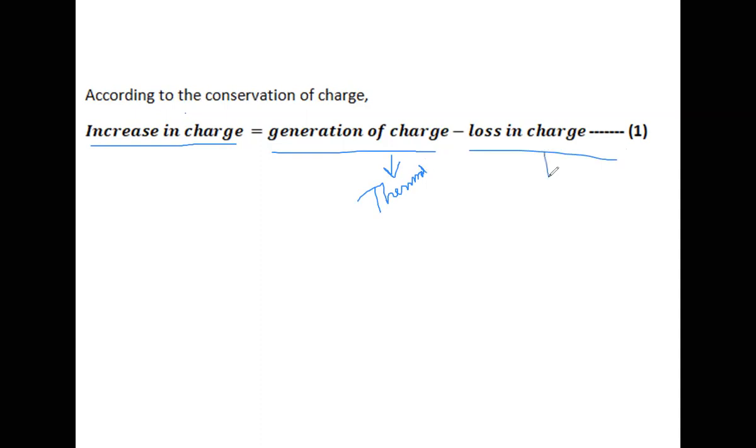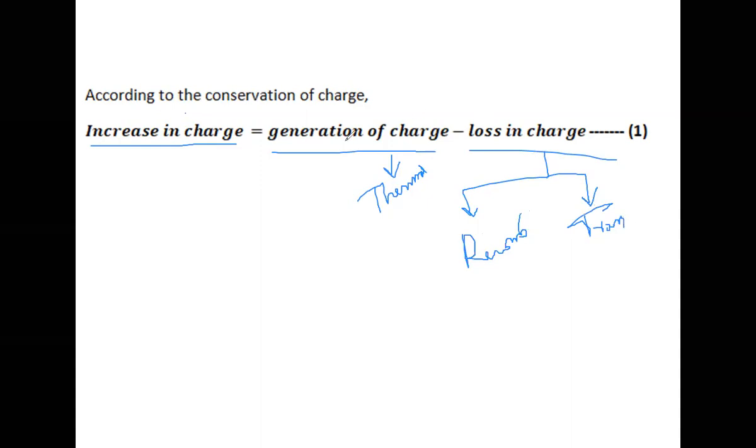On the other hand, the loss of charge, or removing the charge from the block, has two parts. The first one is, as we studied already, recombination, and the second one is due to the transport mechanism.